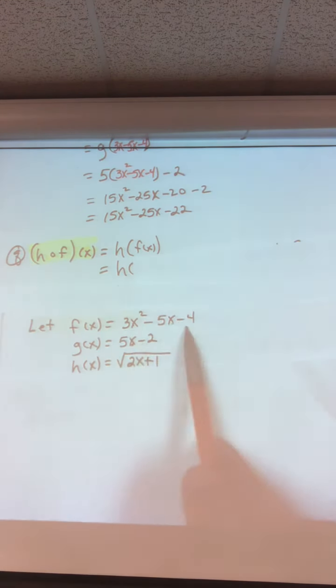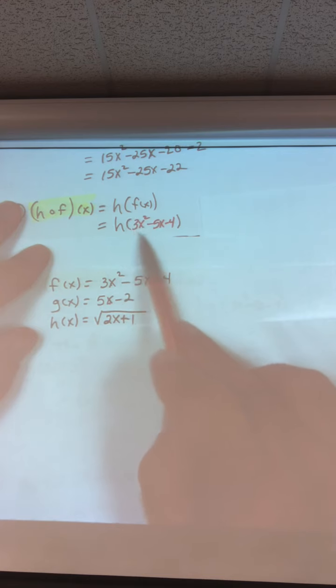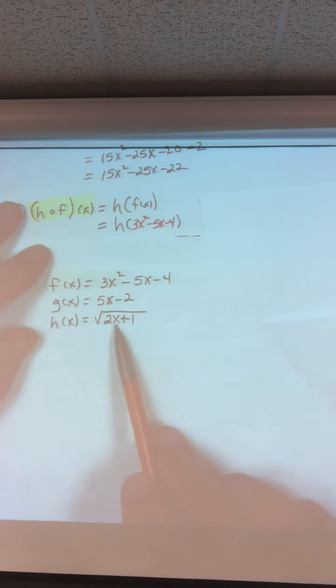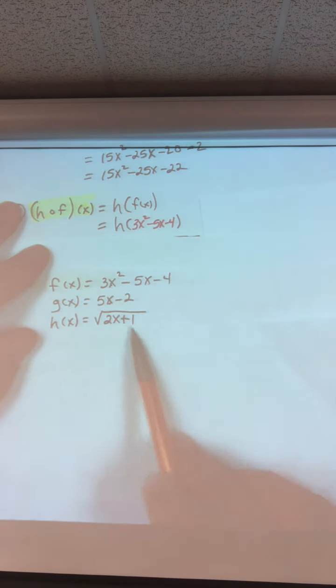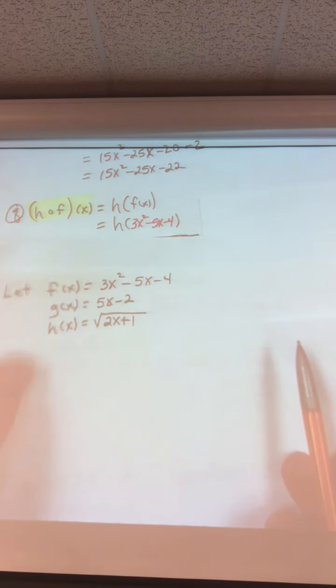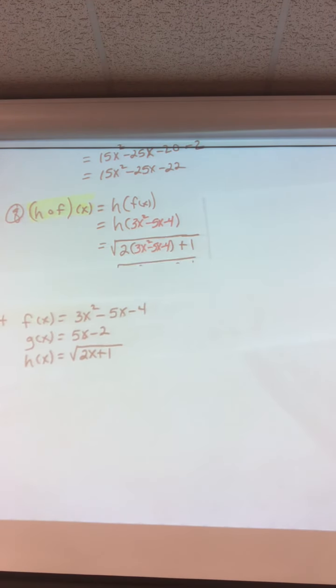Now, find h of this stuff. So I'm going to take all of this, what you see in red, h of all of this, and take all of that and go to the h function and put it right there. So it's going to be square root of 2 times that stuff in red plus 1. When I do, I get that.